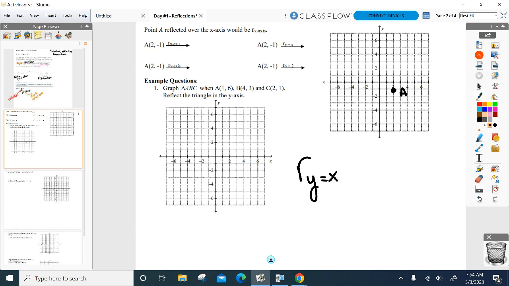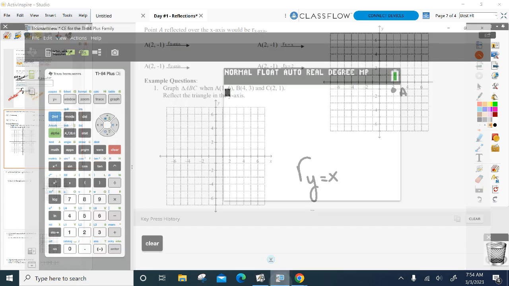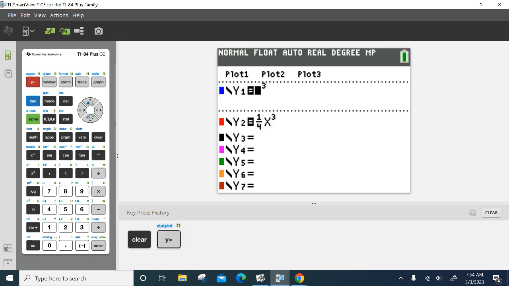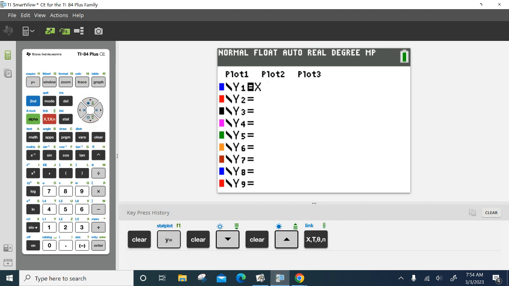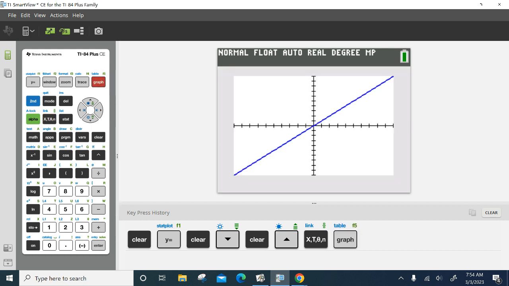This is a special one because this is one we are not going to count. We're just going to know what the rule is. I just want to show you on the calculator what that line looks like. Okay, y equals x. That's the line I want you to reflect over. And there's no counting when it's a diagonal line.